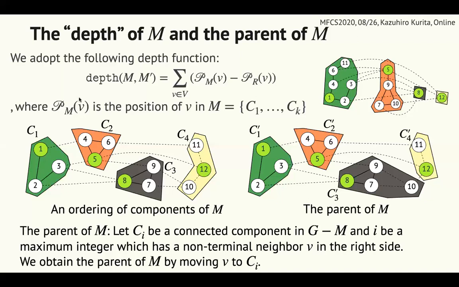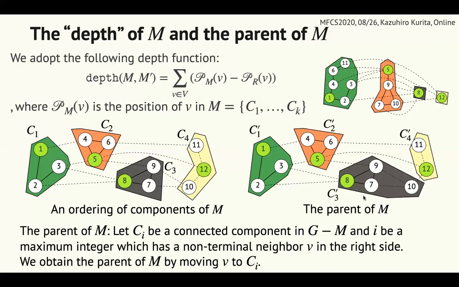Intuitively speaking, this value indicates how much the vertices are moved to the right side. We define the parent of M like this. The parent of M is obtained by moving a vertex 10 from C4 to C3.